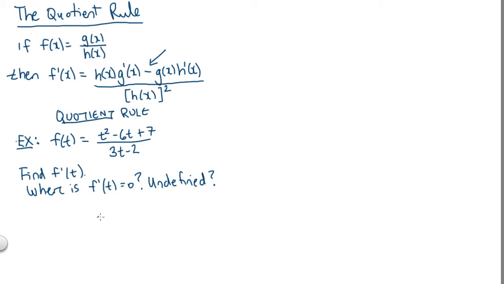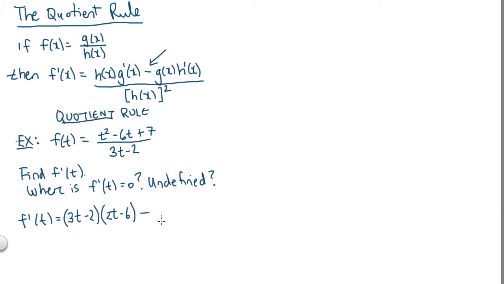So to answer those questions, let's start with our quotient rule formula. Well, according to our quotient rule, we are going to start with our denominator, so 3t minus 2. And we're going to multiply that by the derivative of our numerator. So our derivative will be 2t minus 6.